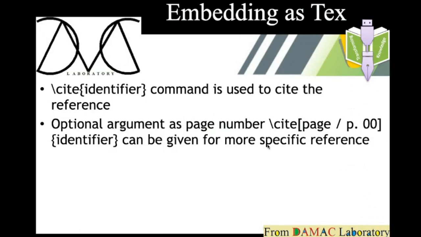But if you want to cite a particular page or section or portion of the document instead of the whole document, you can mention that page number or section or portion inside the optional field of the cite command.